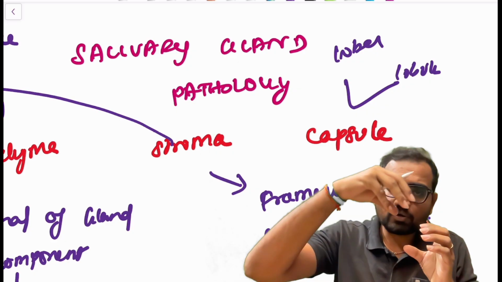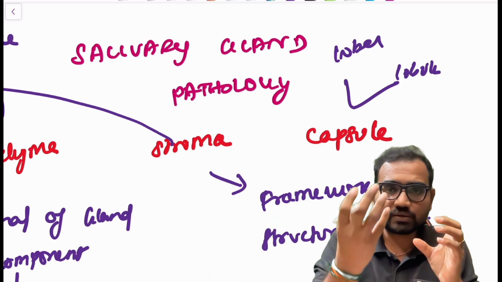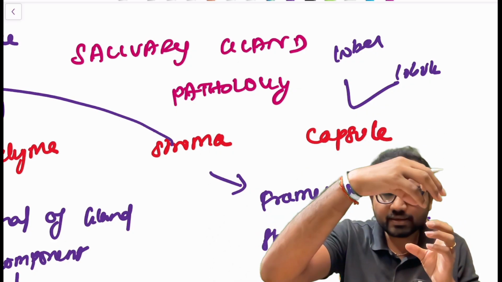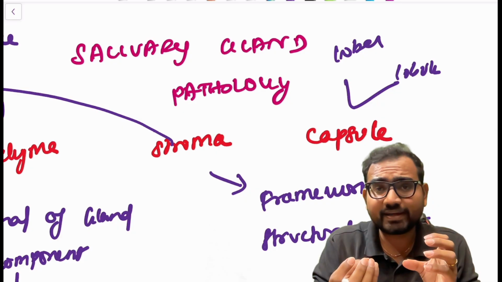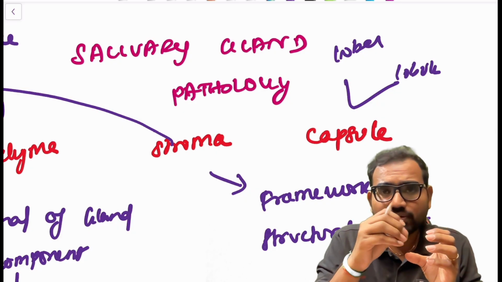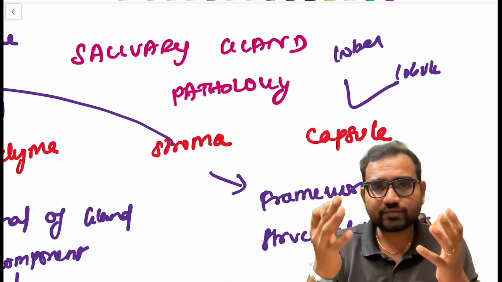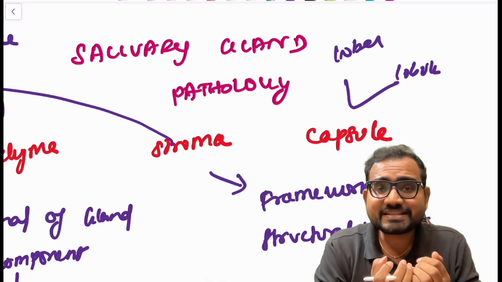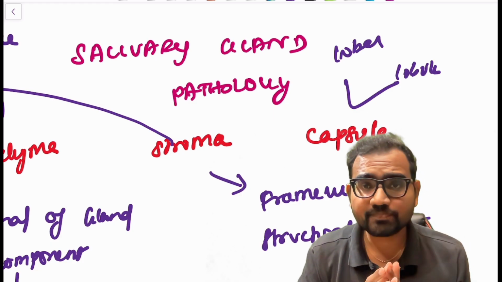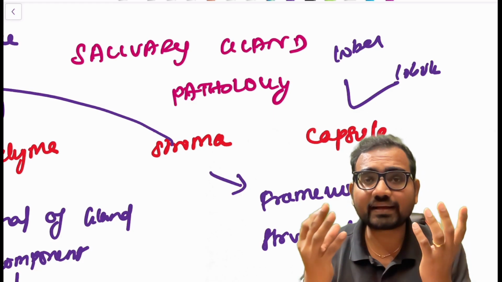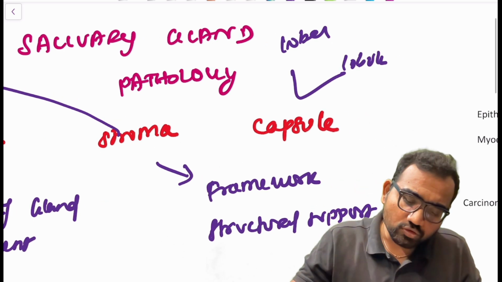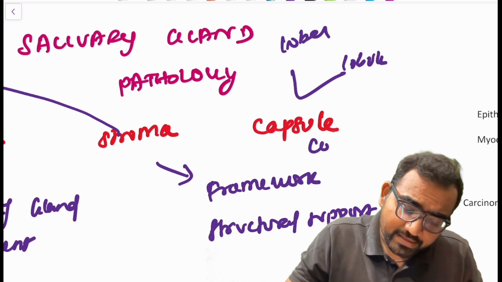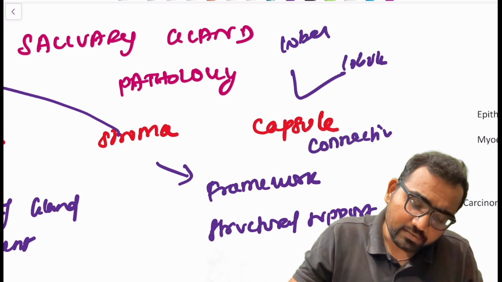I'm cutting the cricket ball into multiple round pieces, but it is one as such, and calling it as lobes. Each lobe will have multiple lobules. These lobes are basically divided by connective tissue septa. So these capsules are connective tissue septa.